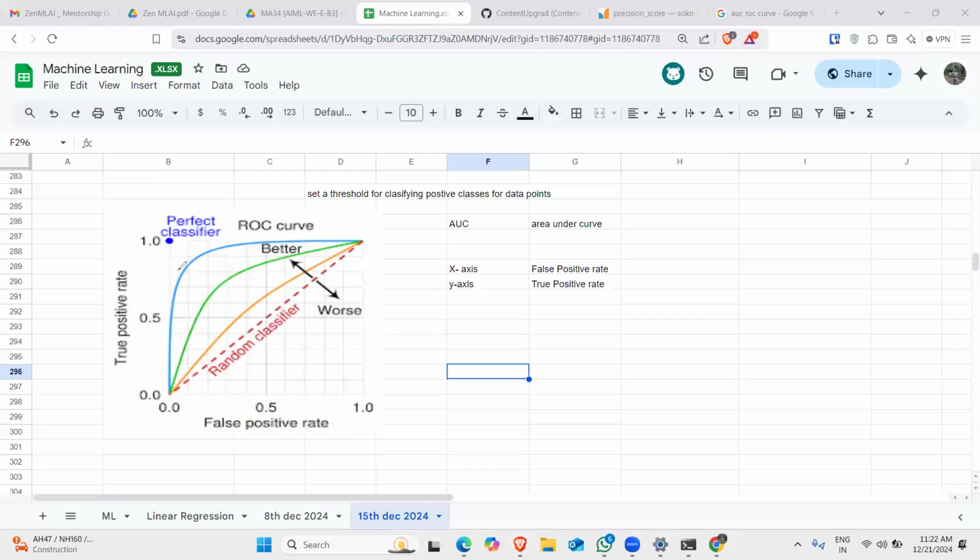So the higher the area under the curve, the better the model is, and the lower the area under the curve, the worse the model is, right? So this is a poor model, this is a good model, this is better, and this is the best, the blue one. So that is what the significance is, right?